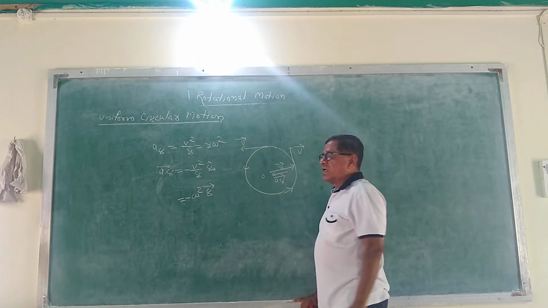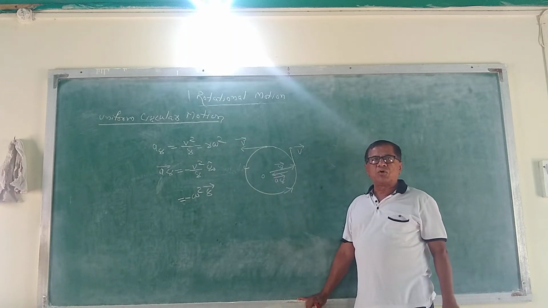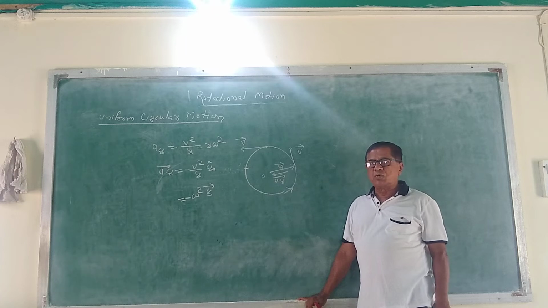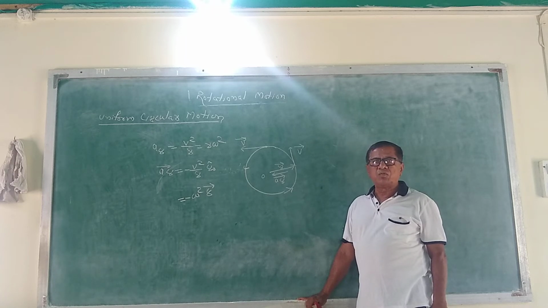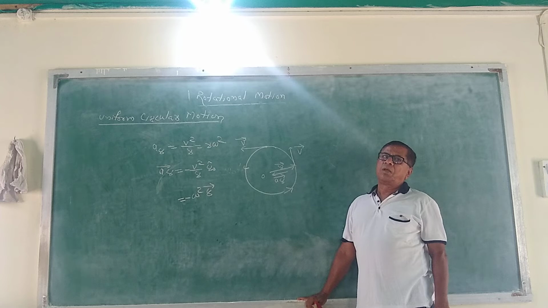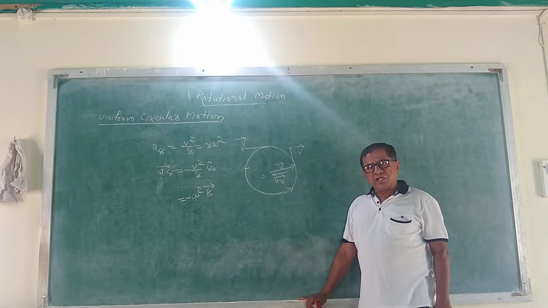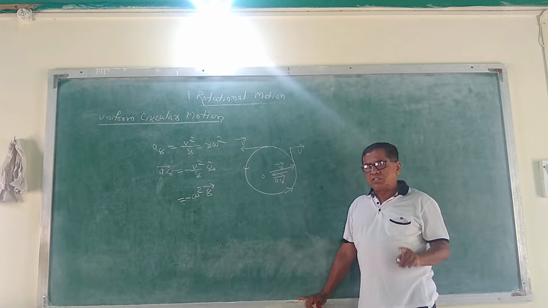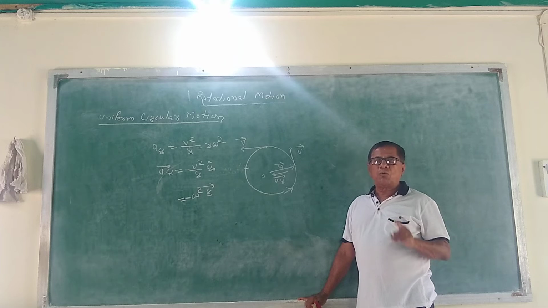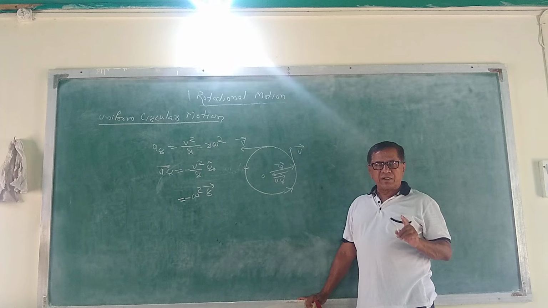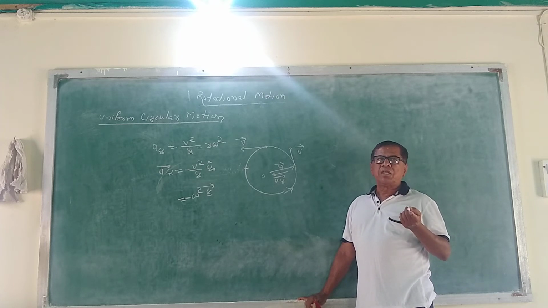Therefore the direction of the velocity goes on changing while its magnitude is constant, that is uniform circular motion. We take acceleration as the rate of change of velocity, but we have a wrong concept. We consider that whenever there is a change in the magnitude of the velocity, then there is acceleration, but that is wrong.